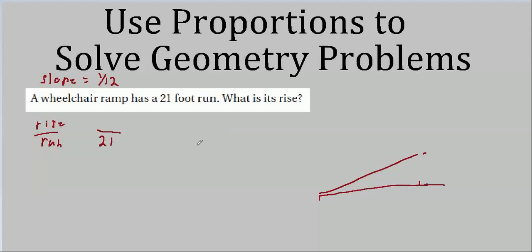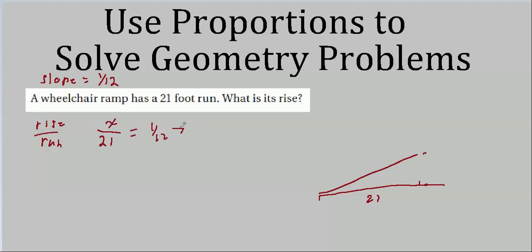So, as a 21 foot run, we know this is 21. What's the actual rise here going to be? You could be surprised it's not really going to be very much. And let's throw our x in here again, because that's the part we don't know. And that equals 1 over 12.